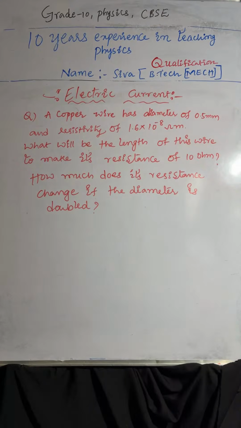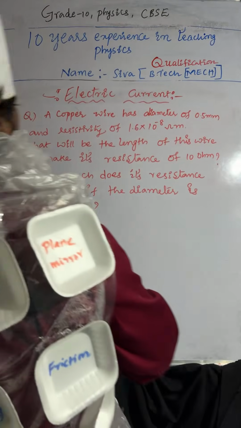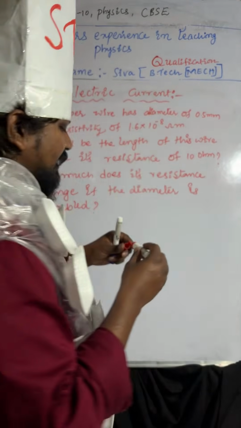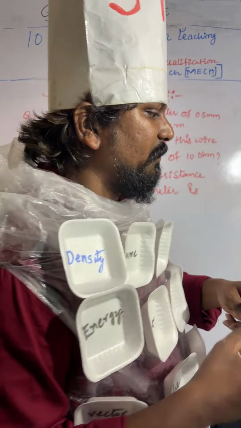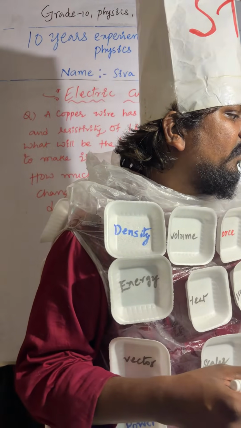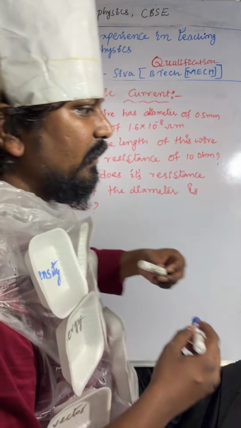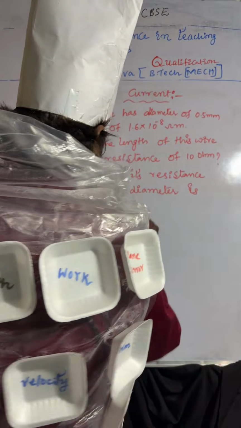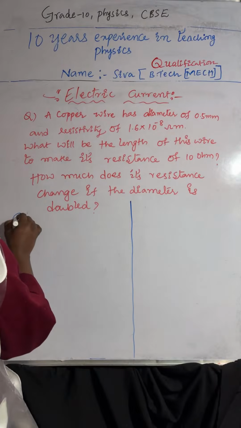So here you see, a copper wire has diameter 0.5 mm. Okay, so 0.5 mm is given. First identify the data. Identify the given data. So here you can see given data.